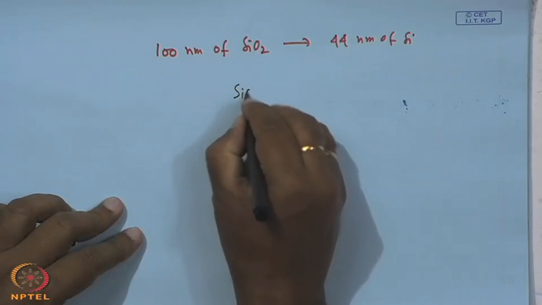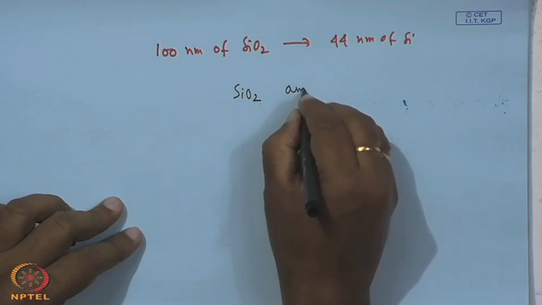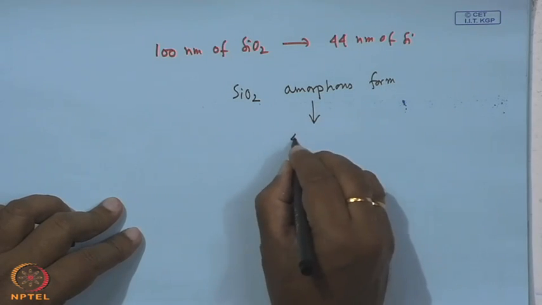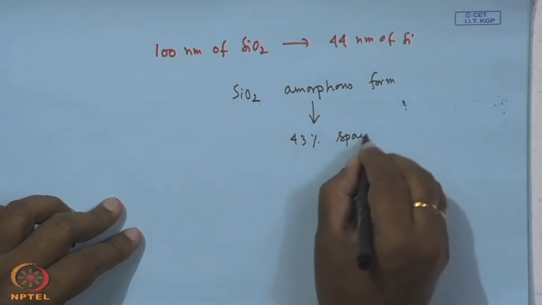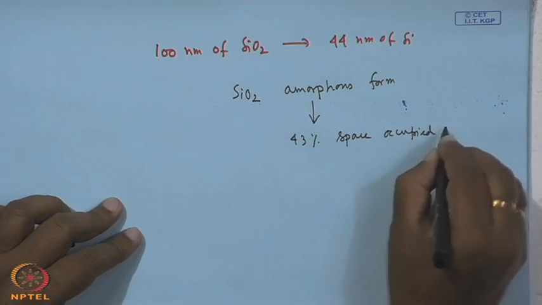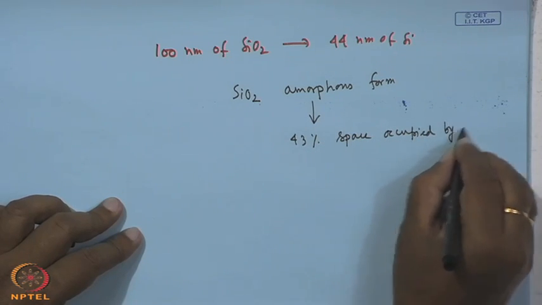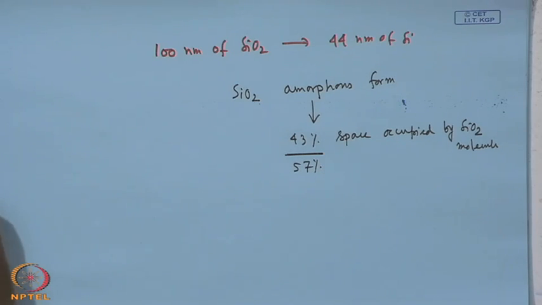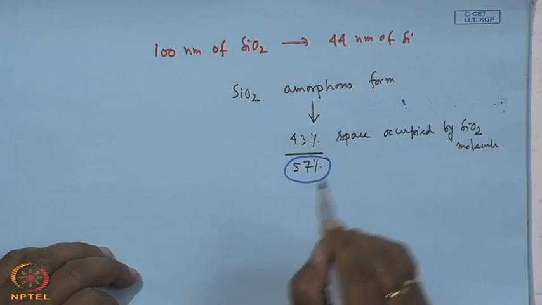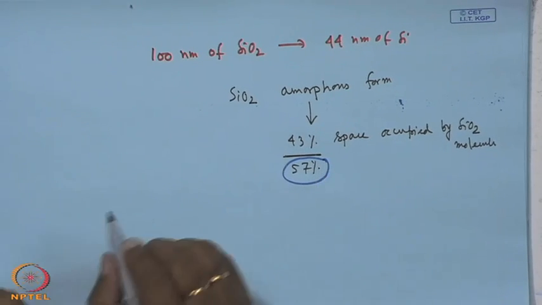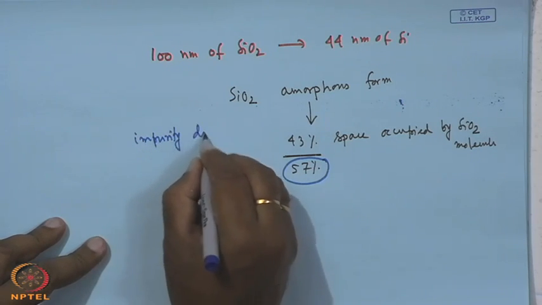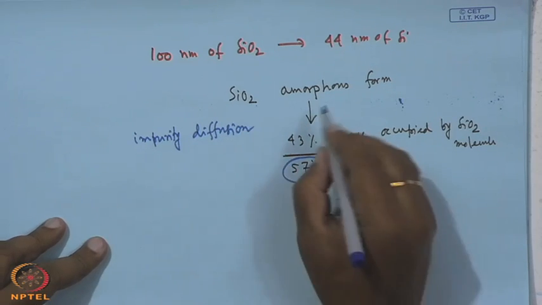So, in amorphous SiO2 there is 43% space occupied by SiO2 molecules, so almost 57% is void, and this void space has a bad effect in the sense that there can be impurity diffusion, as it is amorphous in nature.